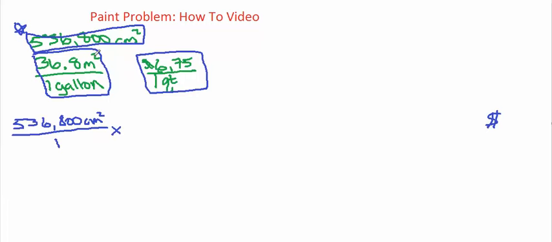So I need another conversion in order to get this meters squared out of there. So I'm going to go to my handy conversion sheet from class, and I see that in the area category of my conversion sheet, it gives me a conversion. So it says 1 meter squared is the same as 10,000 centimeters squared.